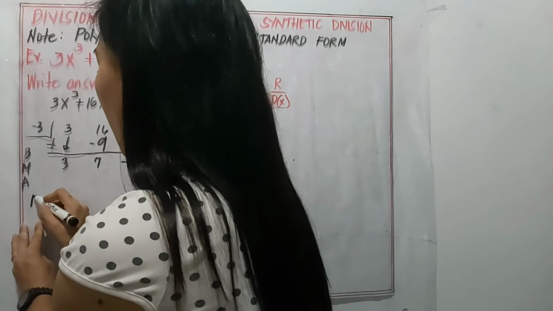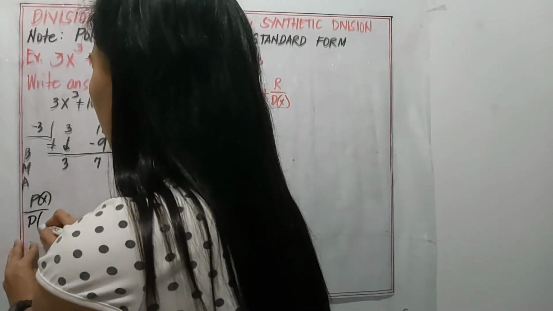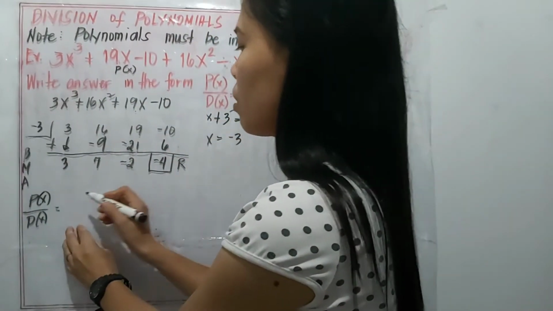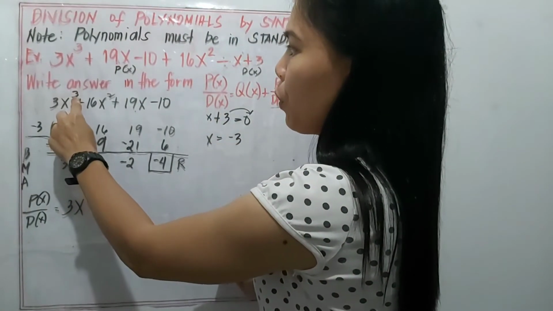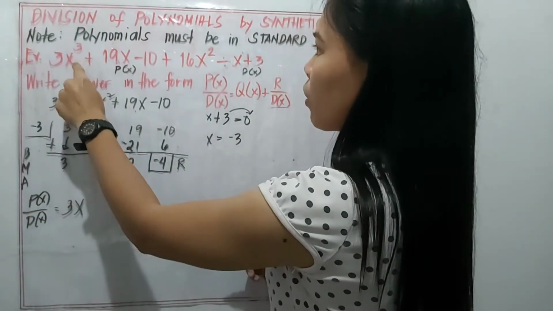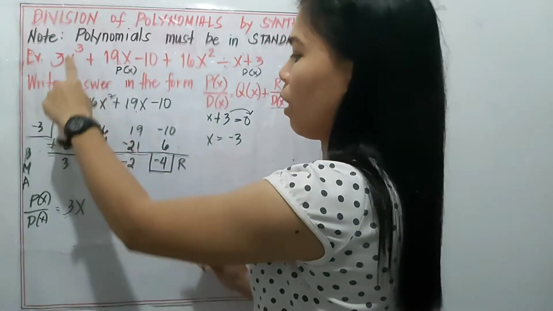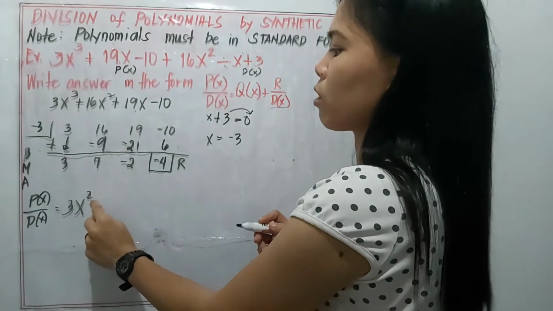Let us write now our answer. P(x) over d(x), polynomial over the divisor is, our quotient is 3 and then x. Since we have here cube, we divide a cube by a linear, so bawasan lang natin ang exponent nito ng squared. Sabo, 3 minus 1, so that's squared.